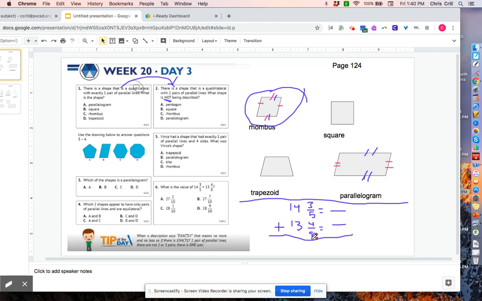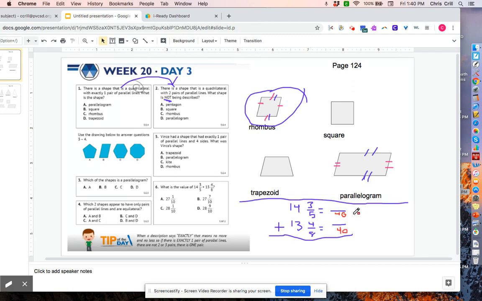So if I think about common denominators that 5 and 8 share, I would try 20, but 8 is not a factor of 20. So I think the multiple that we would have to use would be 40.